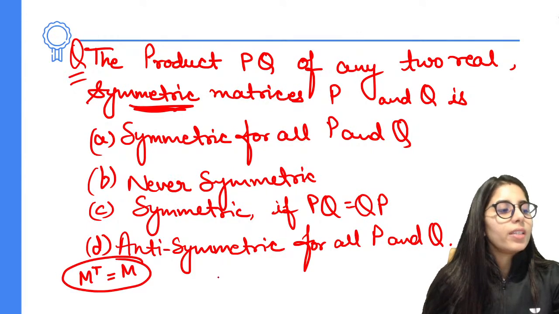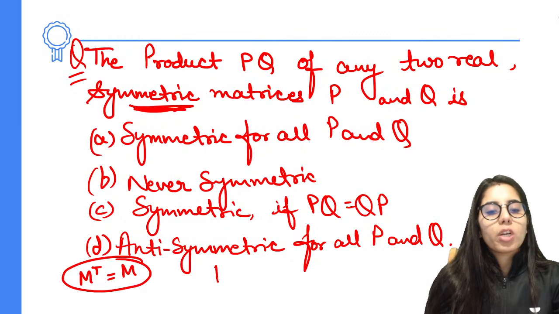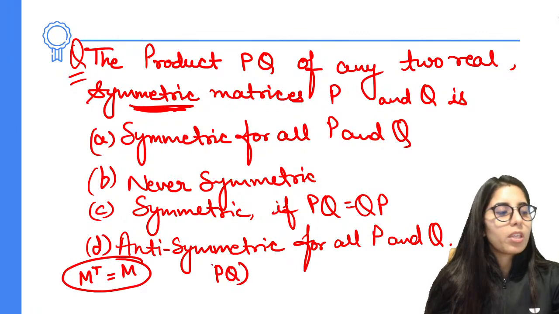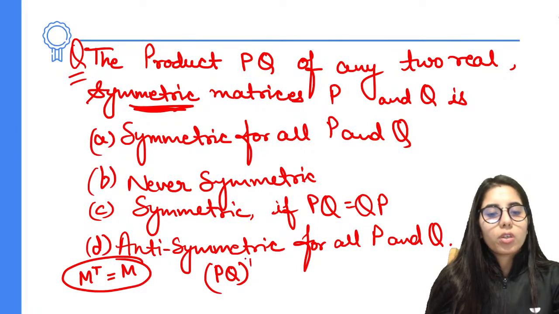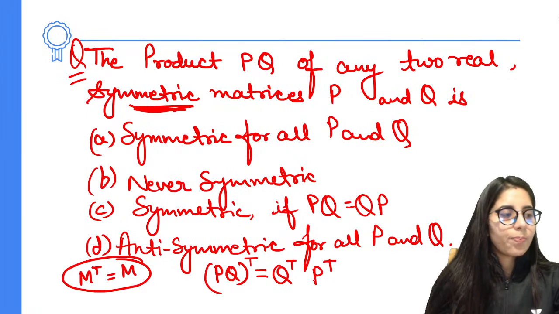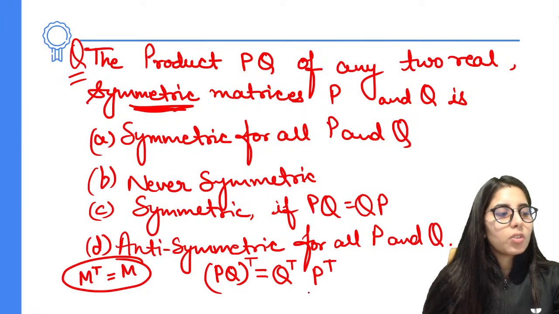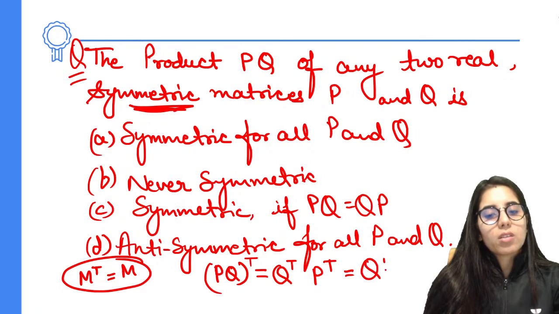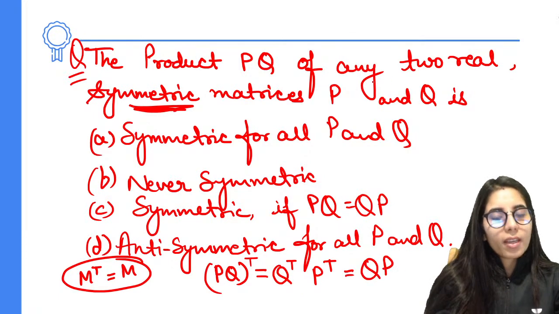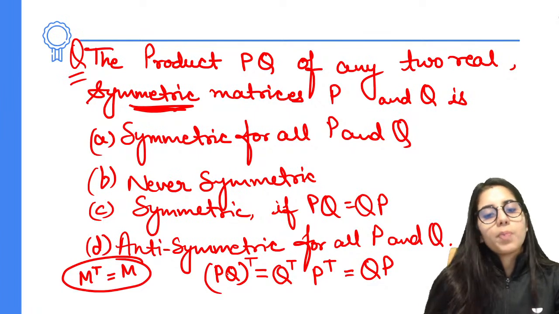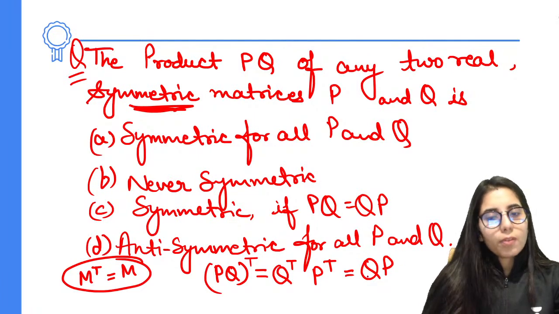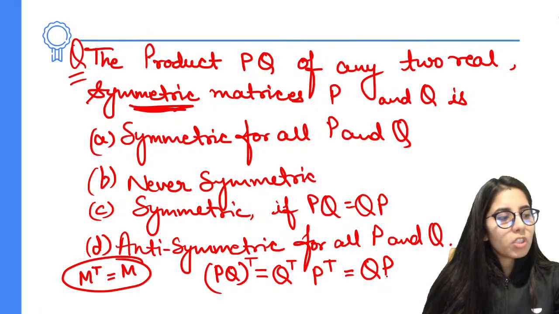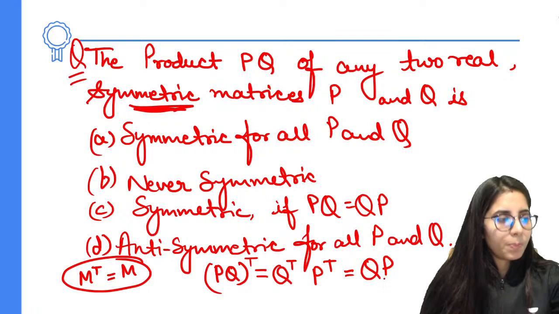In this case, if I take the product of two matrices, for example PQ, and take the transpose of the overall matrix, it will be Q transpose and P transpose. Also, Q transpose is equal to Q and P transpose is equal to P, because they are symmetric in nature. So the transpose of PQ overall gives me QP.